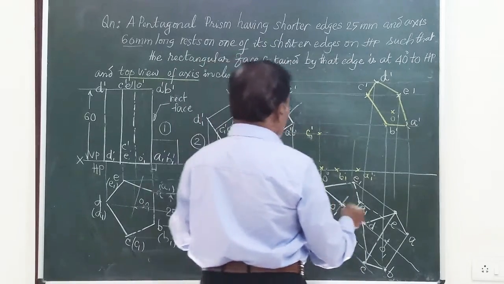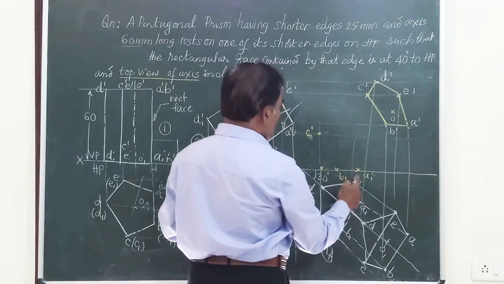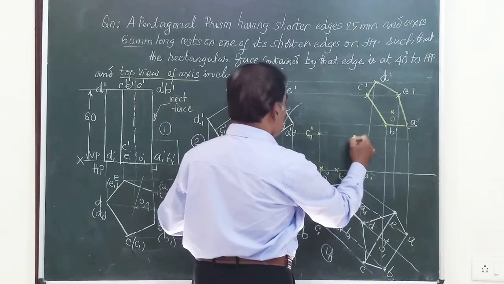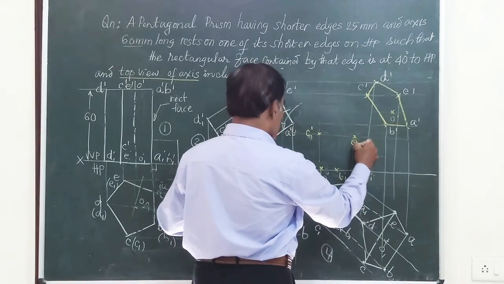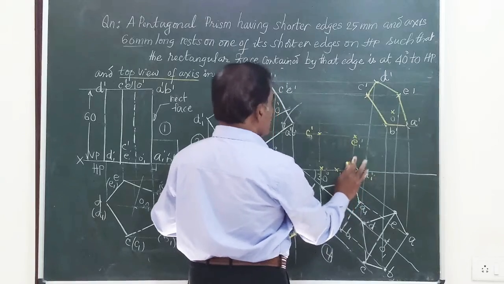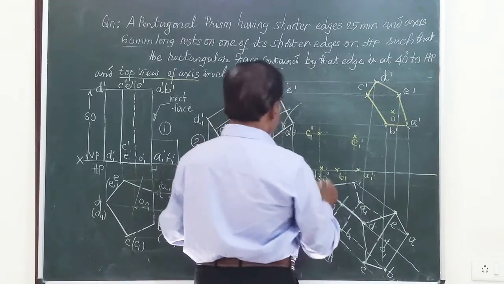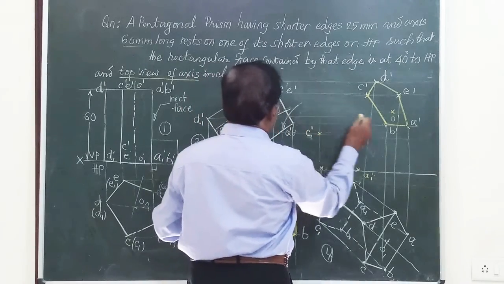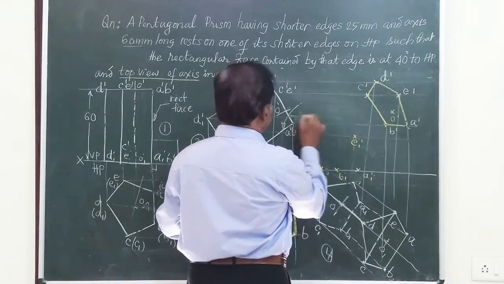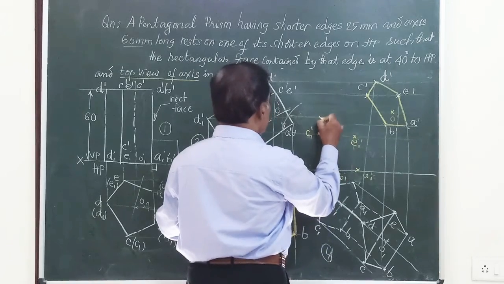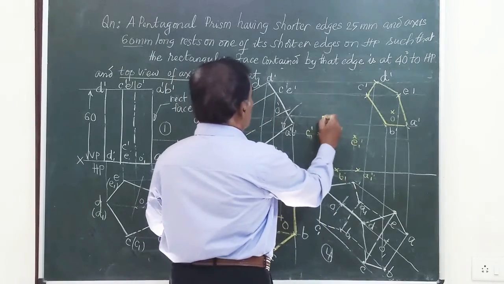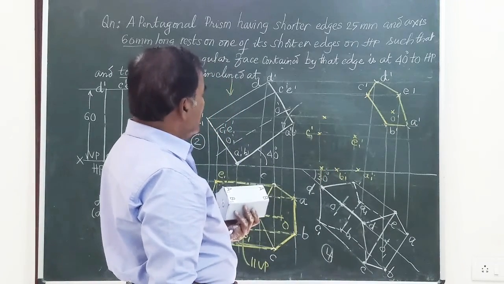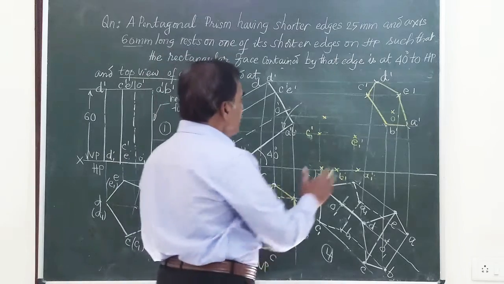So A, B, C, D, E, we have got A1 dash, B1 dash, C1 dash, D1 dash, and E1 dash should come here. This is E1 dash on this one. Then finally D is at the extreme bottom. So this is going to be point D from here. So it meets somewhere here. Friends, you have got all these points again, A1, B1, C1, D1, E1.